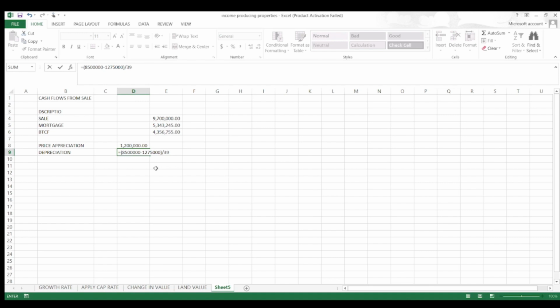That's the depreciation for each year. So what we need is the depreciation for the 5 years, which will be simply 5 multiplied by that amount. So in that case, we find that our depreciation is 926,282. That's the total depreciation for 5 years.